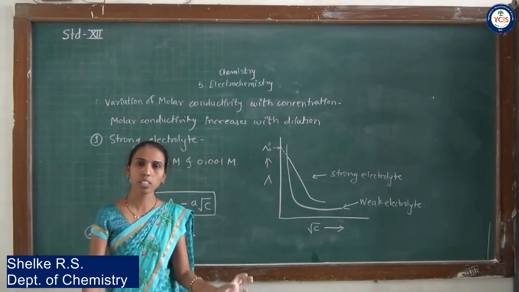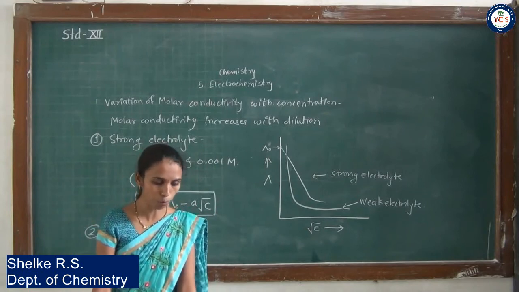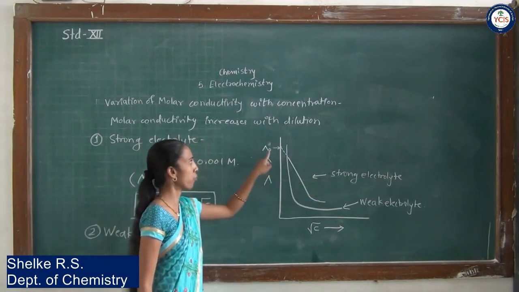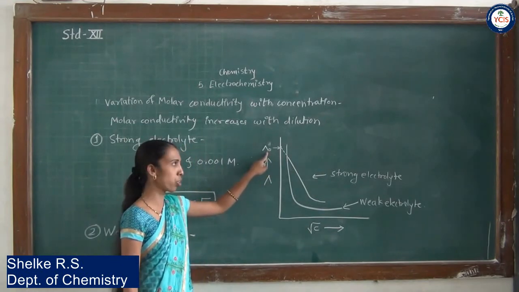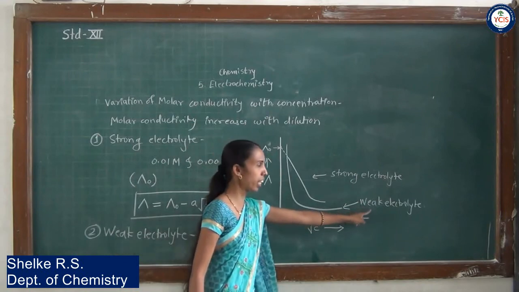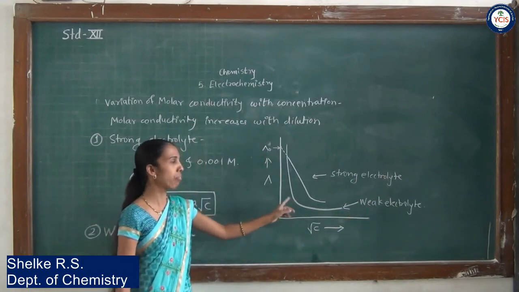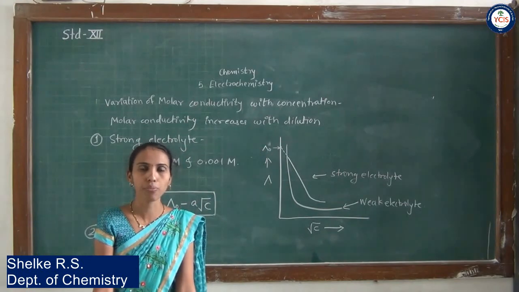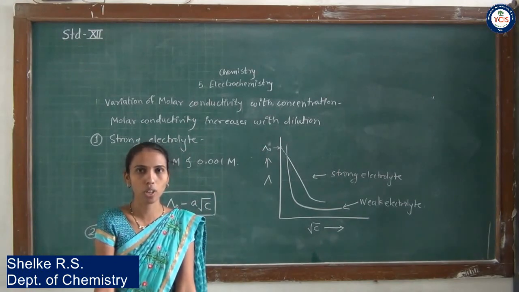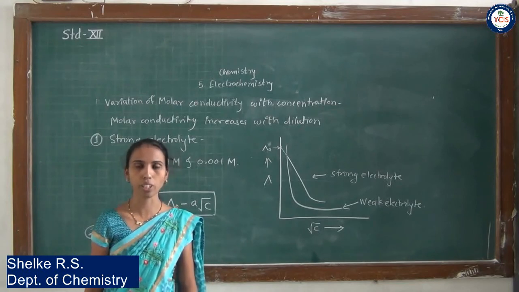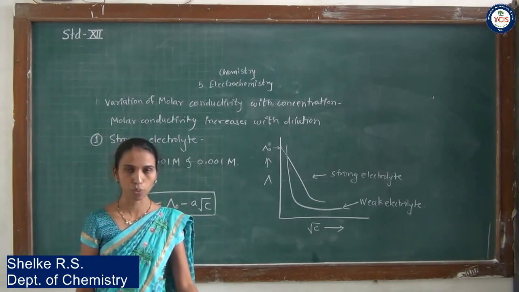So for a strong electrolyte you can find the value of lambda 0, but for a weak electrolyte you cannot. That value we can find using Kohlrausch's law, which we will study in the next lecture. We'll stop here.